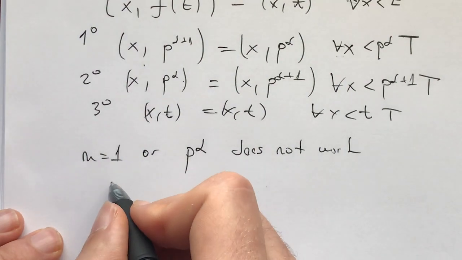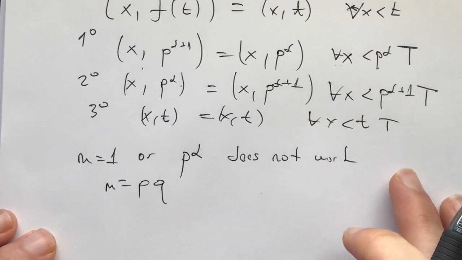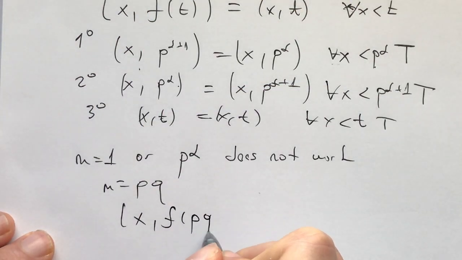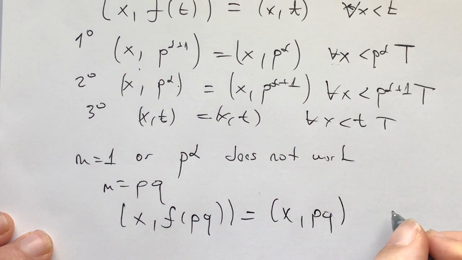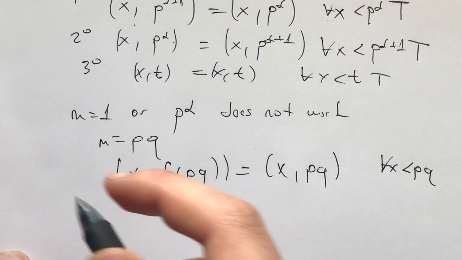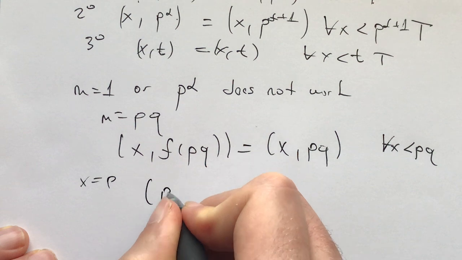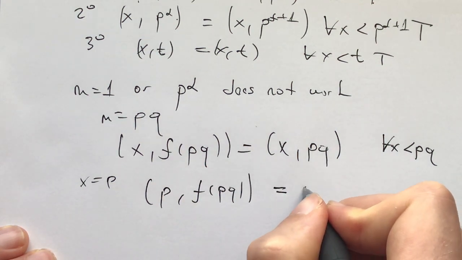Now, what about m equaling p times q, where p and q are different prime numbers? Well, let's see. We have the GCD of x and f of p times q is equal to the GCD of x and p times q for all x less than p times q. Let's see if this is true. For x equaling p, the GCD of p and f of p times q is equal to p.